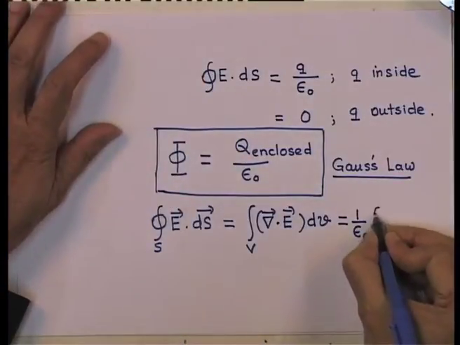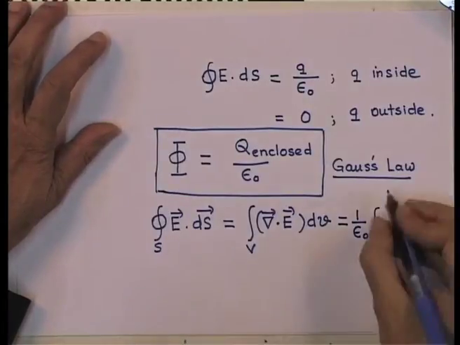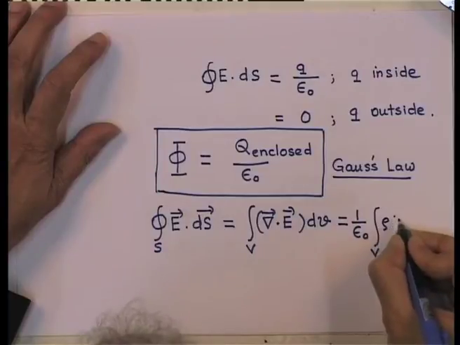The amount of charge that is enclosed can be written as the integral over the volume of the density.